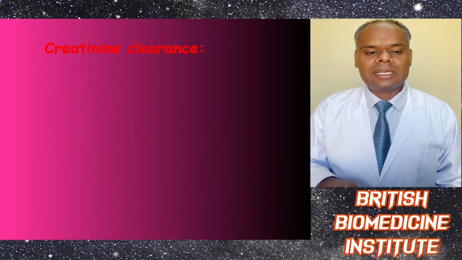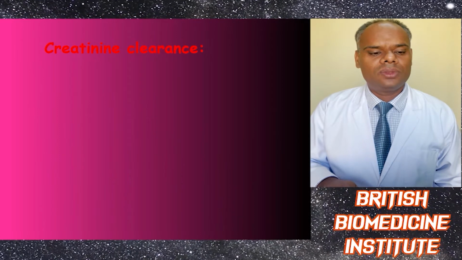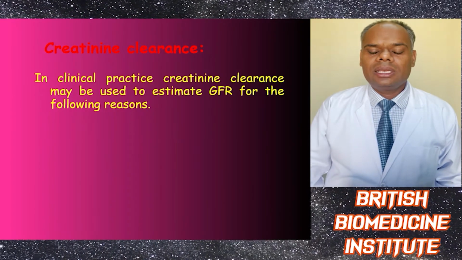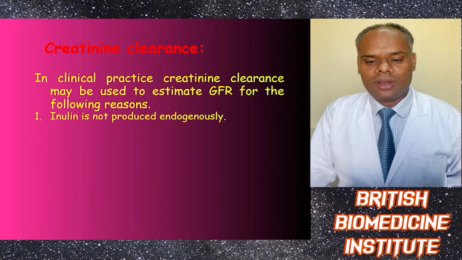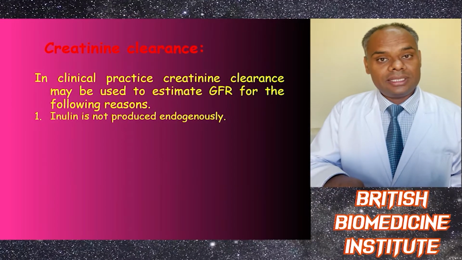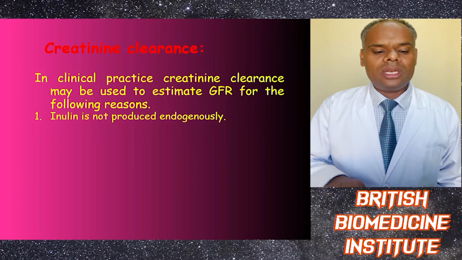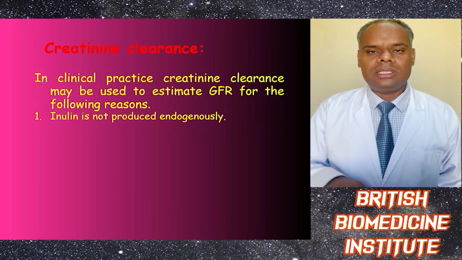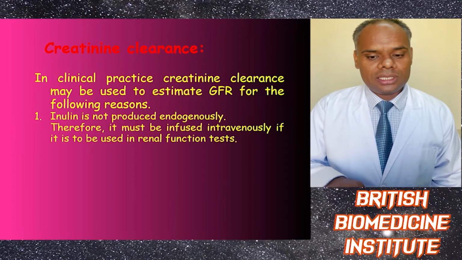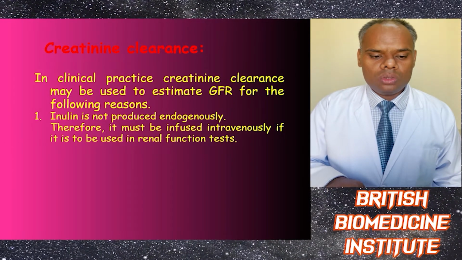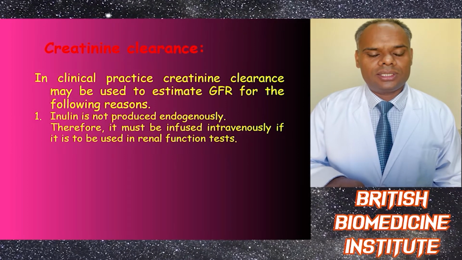Now comes creatinine clearance. In clinical practice, creatinine clearance may be used to estimate GFR for the following reasons. Inulin is not produced endogenously. Therefore, it must be infused intravenously if it is to be used in a renal function test.